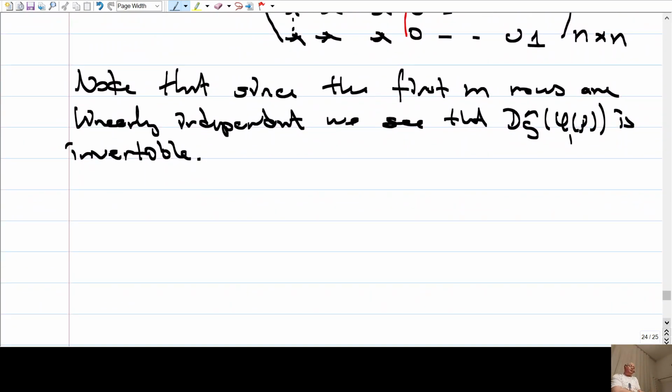So it's a function from locally Rn to Rn, and its Jacobian is invertible at phi 1p. Therefore, by the inverse function theorem, G hat is a local diffeomorphism.